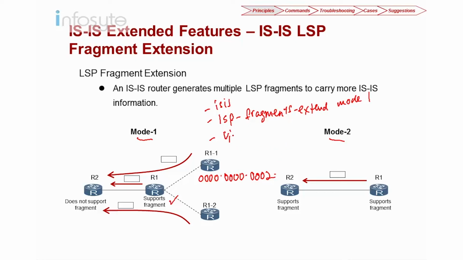The command here is virtual-system 0000.0000.0002. That's it. So these three commands enable you to extend the fragment extension, and you can exponentially increase the number of routes that ISIS can carry. So we have mode number 1 and mode number 2.